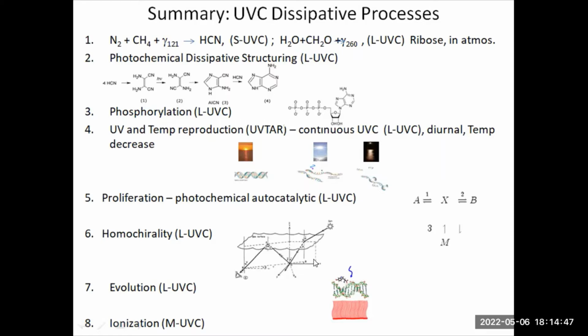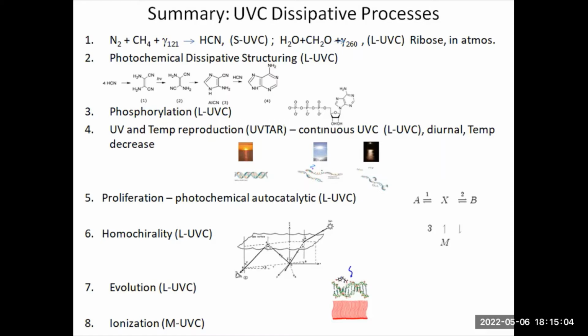And also for evolution, as I mentioned, the connection of tryptophan to DNA can be considered like a form of evolution, because now the information is being stored into DNA to make it a better dissipative system.